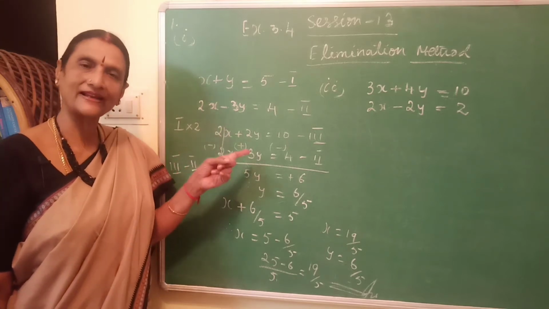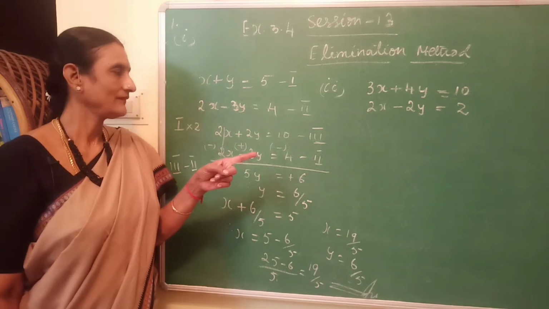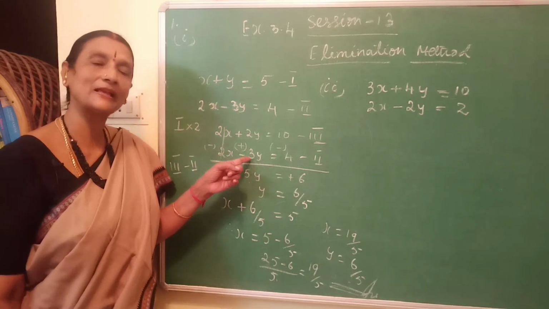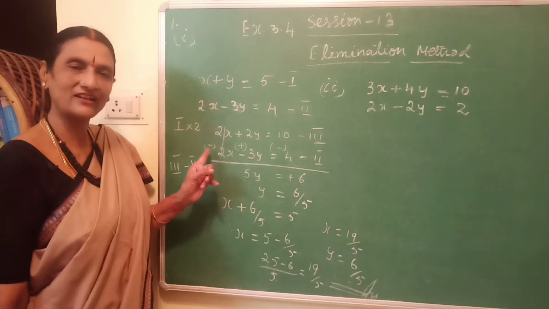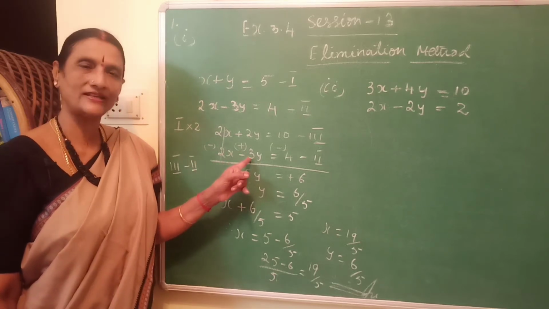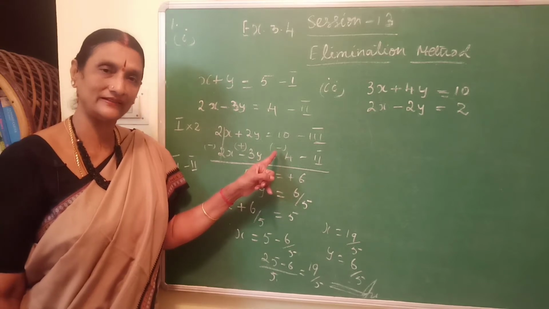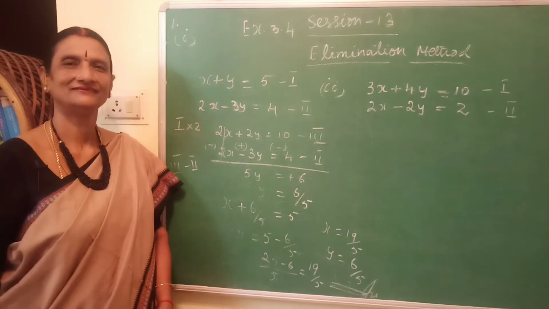When you subtract a polynomial from another polynomial, we have to change the sign of every term of the polynomial that is being subtracted. Here I have changed the sign for the x term and the y term, and also the constant term in the equation. Correct? You have to remember that once again.